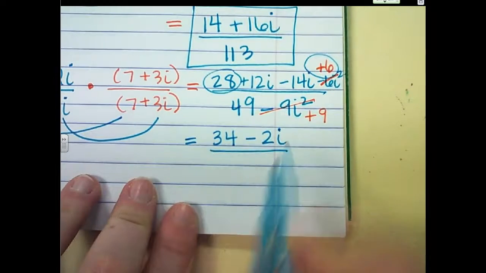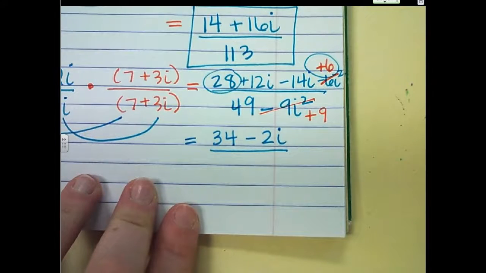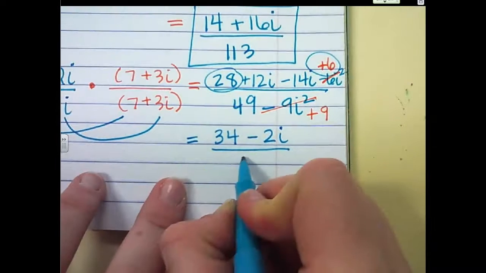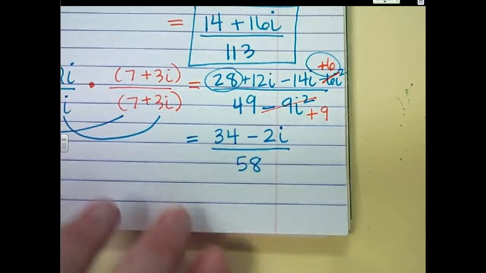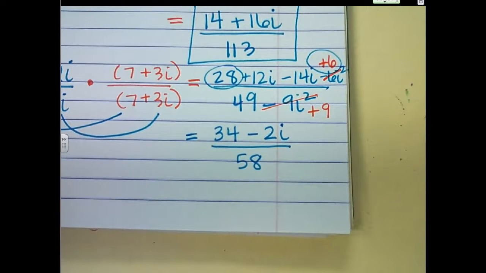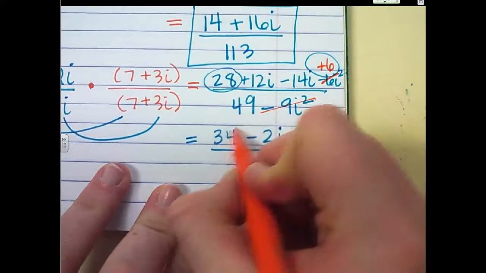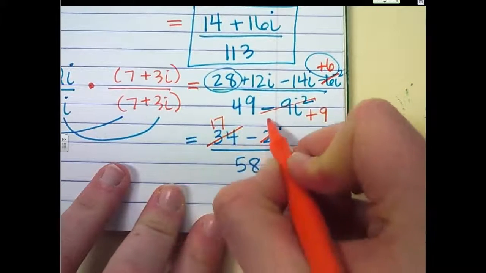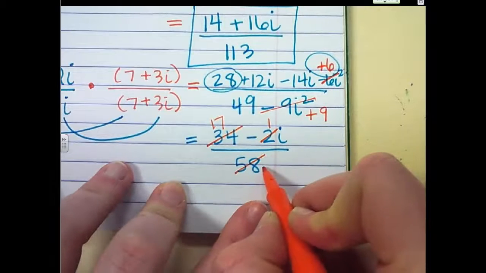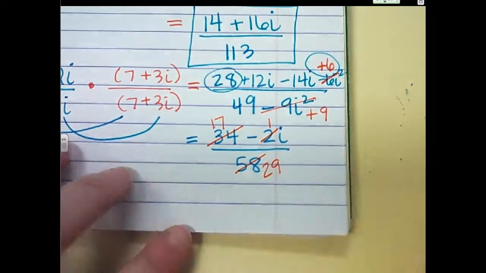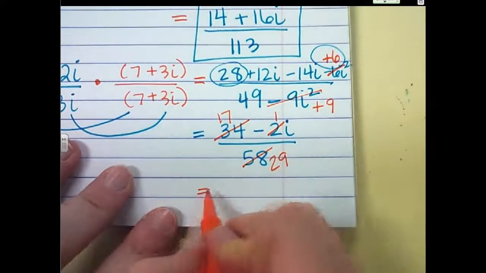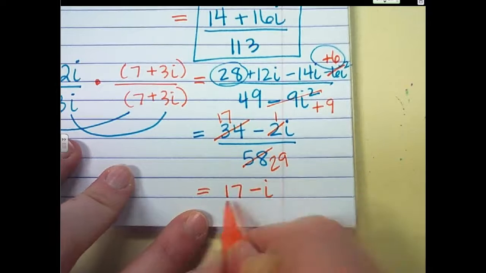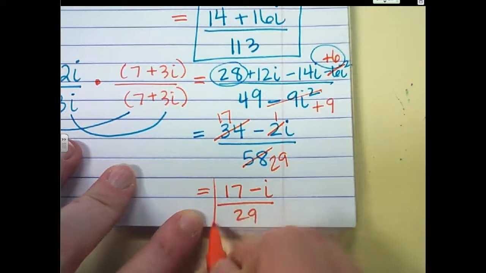What do we get on bottom? 49 plus 9? 58. Can I simplify that? Yes, everything can be divided by 2. So 17, 1, 29. So final answer, 17 minus i over 29.